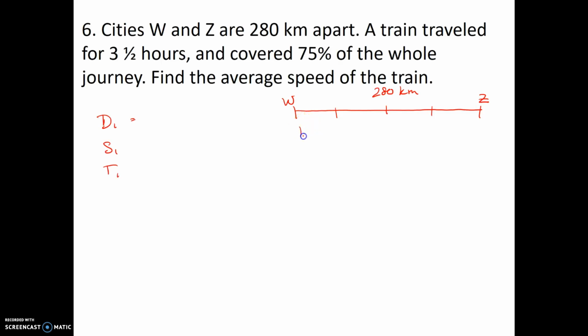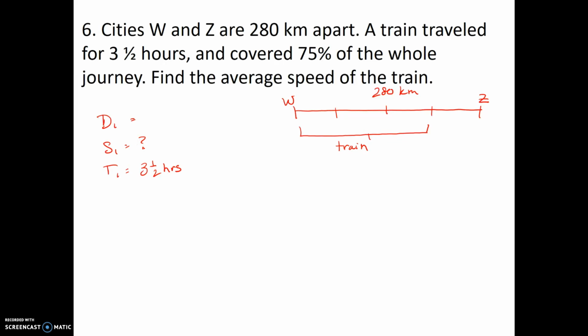So here is the distance that the train covered. Let's go ahead and write in some variables here. 3.5 hours is going to be our time. And let's see, we don't know the speed, do we? Because that's what we want to know.